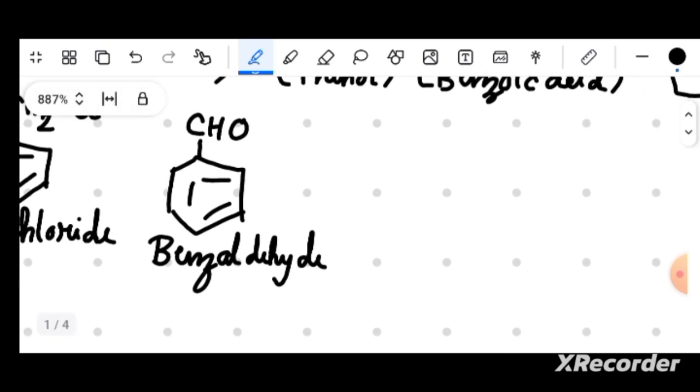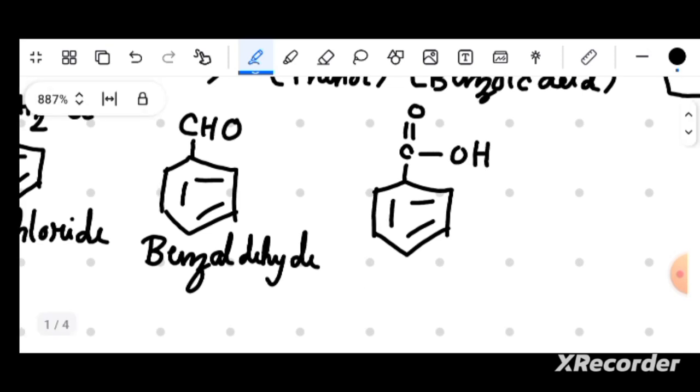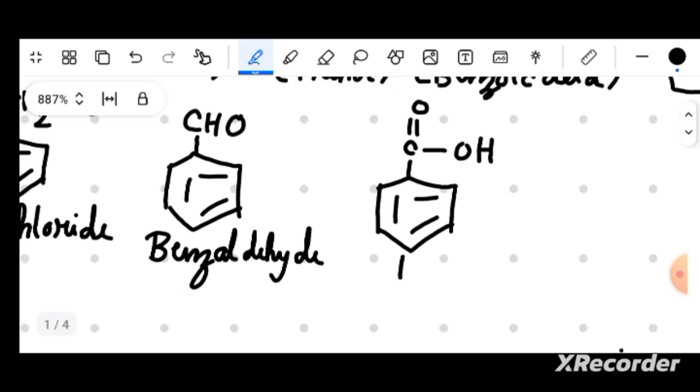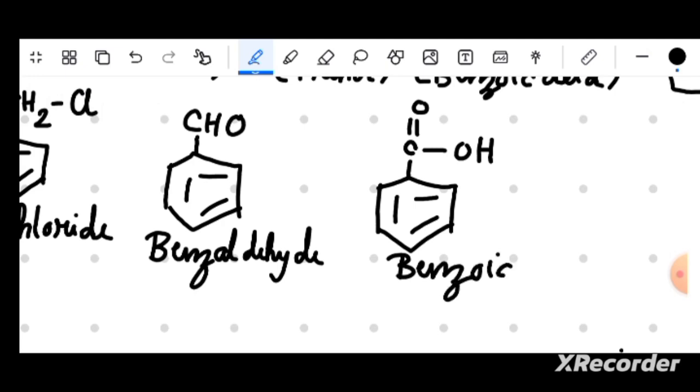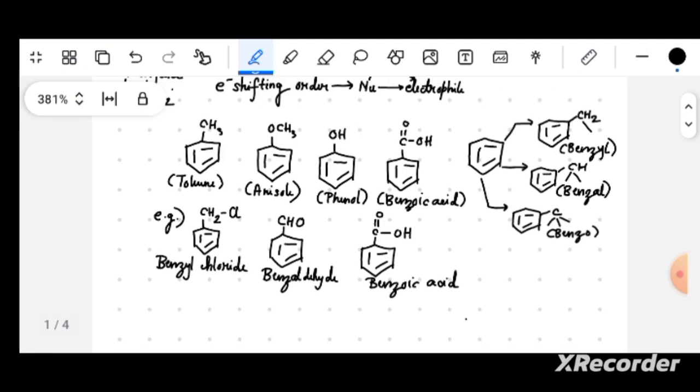And if it is something like this, no hydrogen involved with carbon, only three bonds, two with oxygen, one with OH, then benzoic acid.